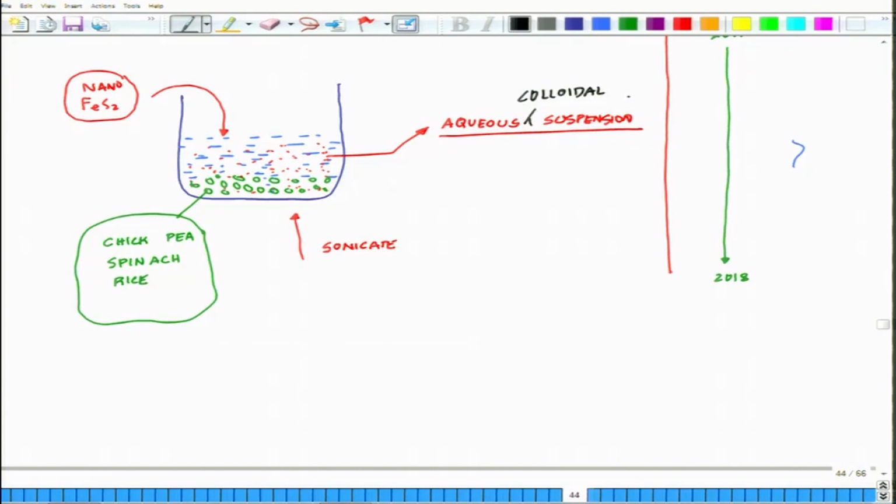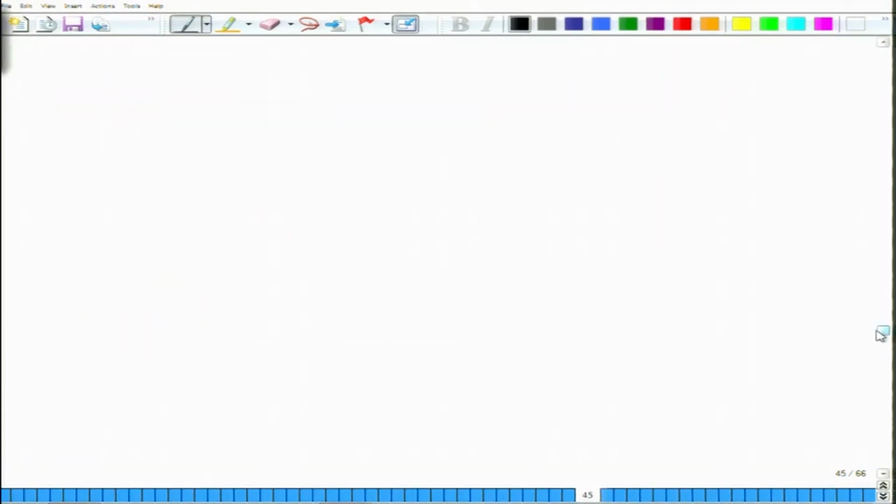We have already talked about the stoichiometric defect, if you remember. So, just to recollect, when we talk about a molecule like FeS2, there are certain such sulfides which come with a stoichiometric defect. In a stoichiometric defect, what happens?